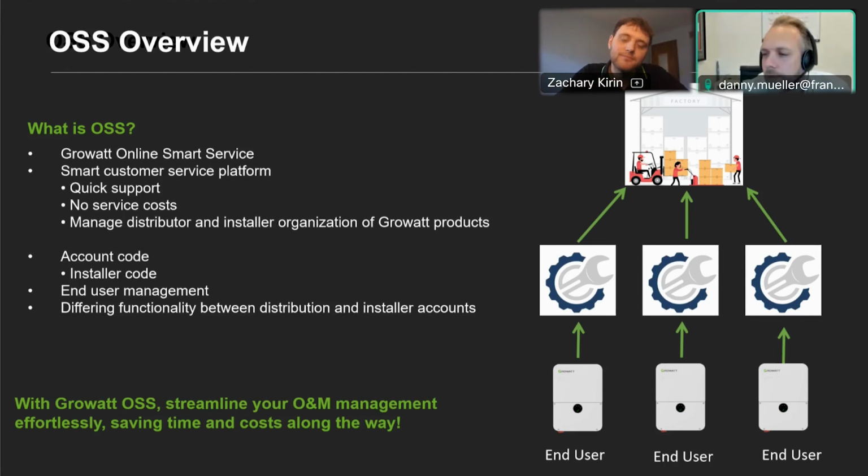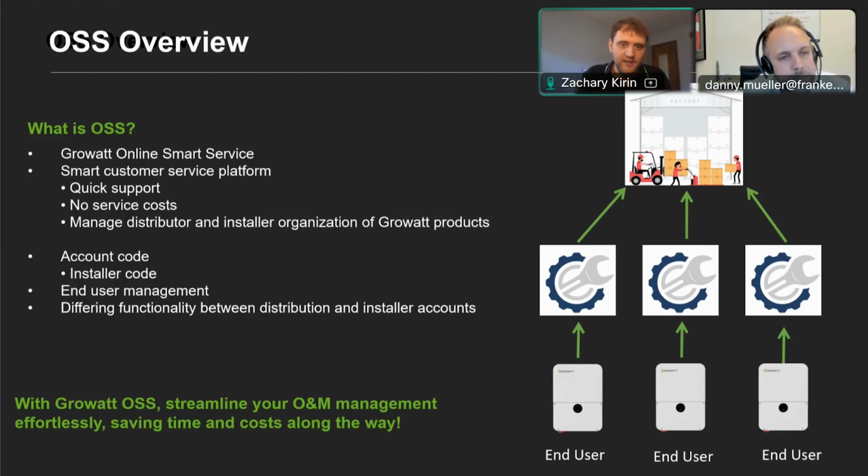Hey Zach, why would you want to make sure that the homeowner doesn't have access to the OSS? What's the reason behind that? Yeah, so OSS is not really tailored for the end user. We want the end user to see all of the sites which they own, but we want the installer to see all of the sites which have been installed.